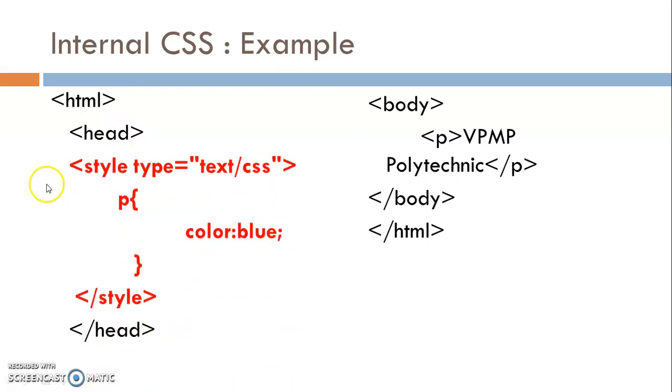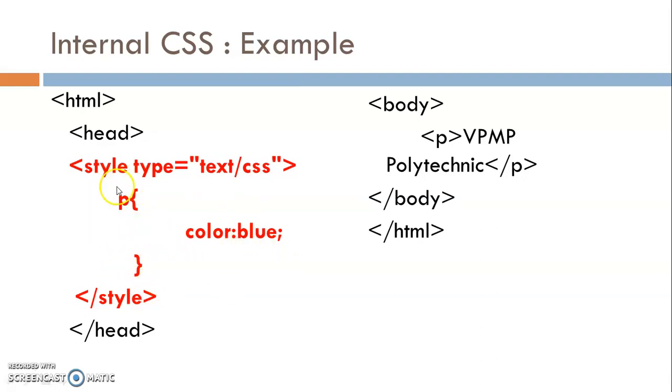So, I put the code like this: within the head section, I write style element and slash style element. Between this style and slash style, I put P, then open bracket. In open bracket, I write color colon blue, then semicolon, and curly bracket is closed.